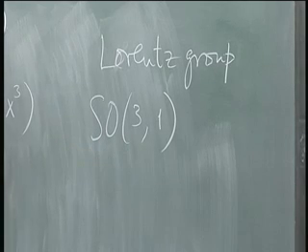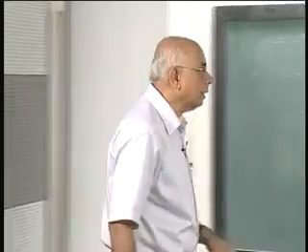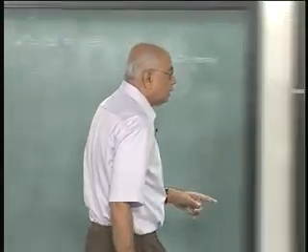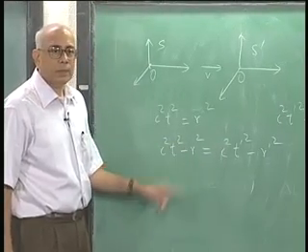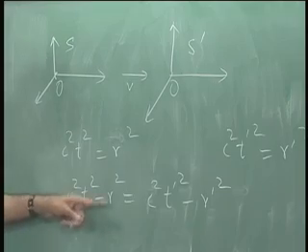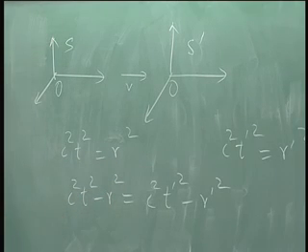3 and 1, because I am going to introduce a metric and there are 3 space-like directions and 1 time-like direction, taking into account the fact that in this quadratic form there is a minus sign. So there is c squared t squared minus x squared minus y squared minus z squared, and I want to take that into account. Okay.